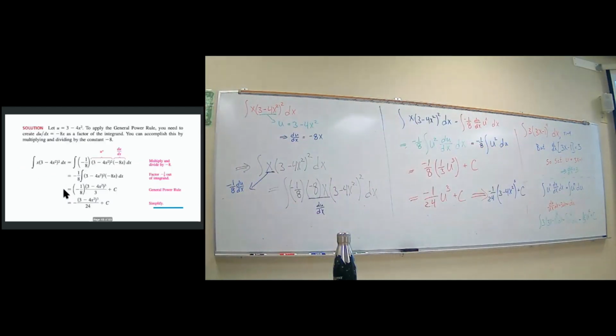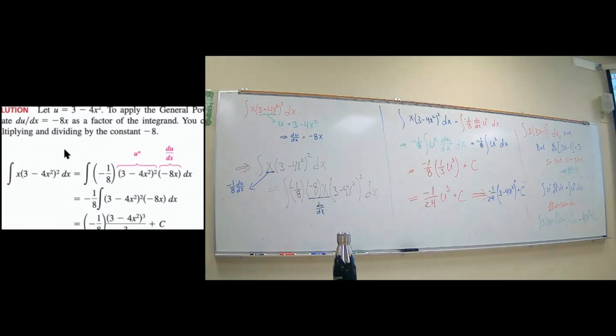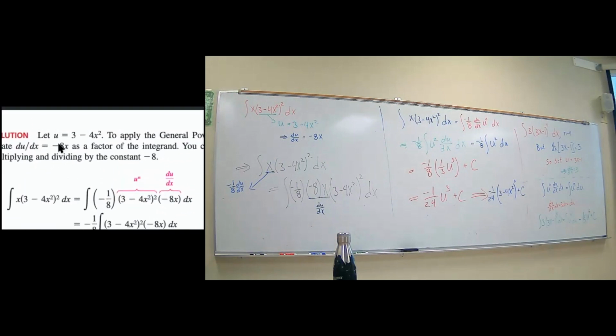Now let's check our work. The first thing we do is we define what u is going to be. Then we say, all right, cool, taking the derivative of that, we have -8. But I don't have -8 here, but I can inject it by multiplying by 1. I can force that -8 to show up if I multiply by a properly chosen 1, right?